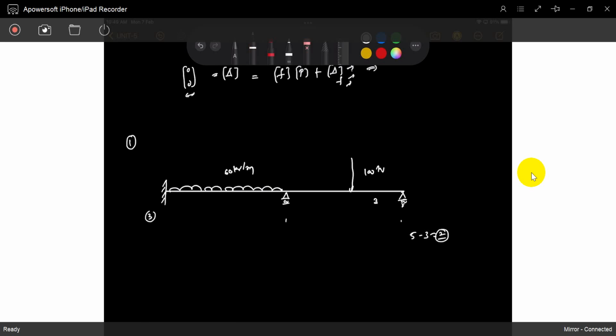Otherwise if you release the horizontal, it's 2+1+1 = 4, minus 2. The horizontal equilibrium equation also you can remove. It's only 2. So what are those two? That is the question mark.